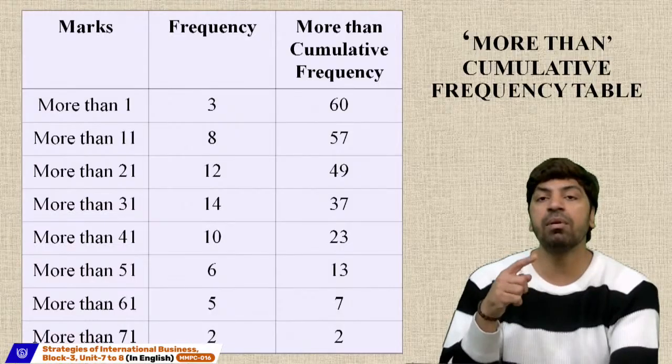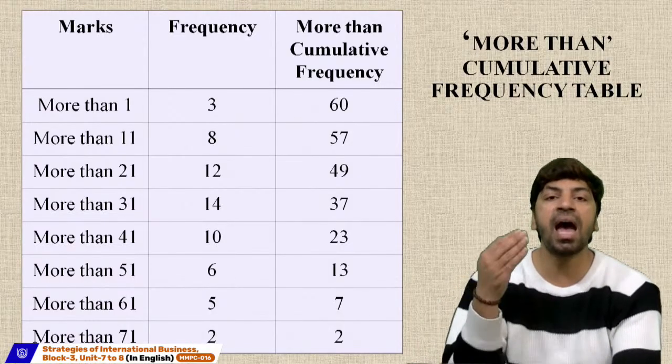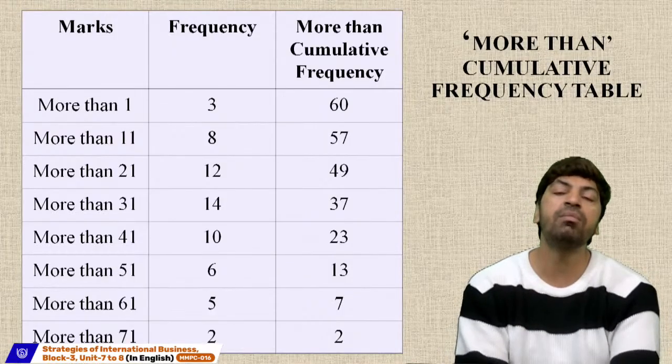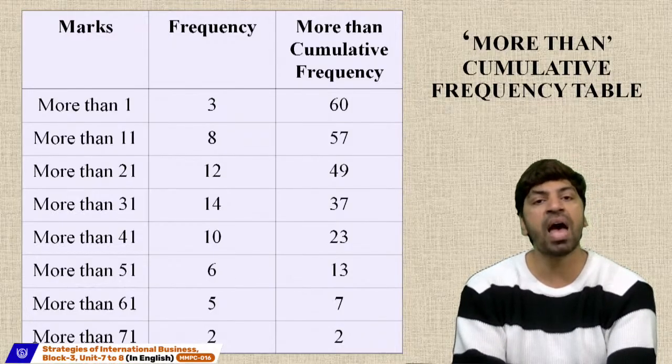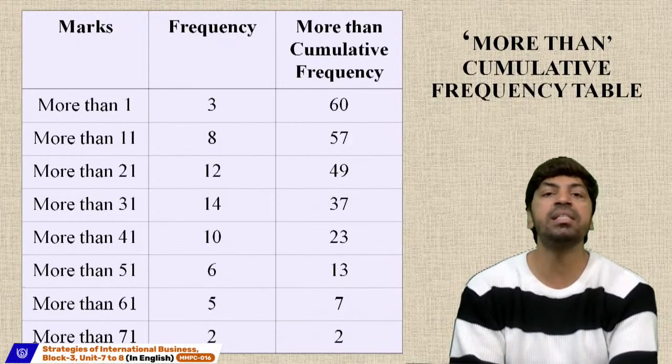But when we talk about the less than cumulative frequency, we just add the frequencies. So when we talk about the more than cumulative frequencies, we just subtract from the total frequency. So the total frequency is 60.